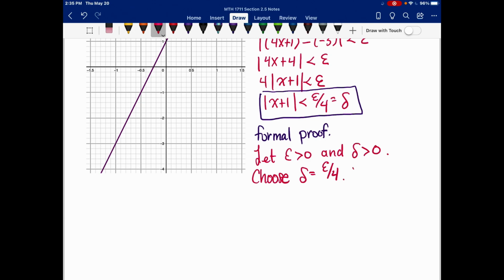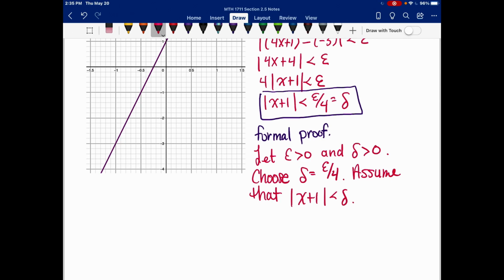Then the next step is we're going to assume that the absolute value of x plus 1, or the distance between x and -1, is less than delta.